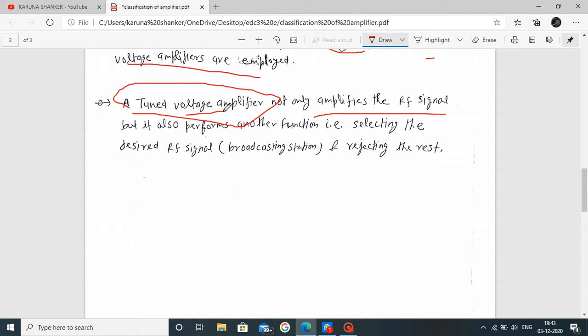Also, the tuned amplifier not only amplifies the signal, it also selects the desired RF signal and rejects the rest of the signals.